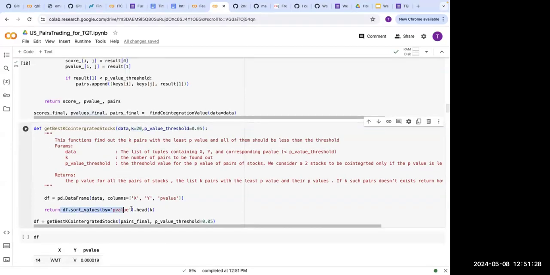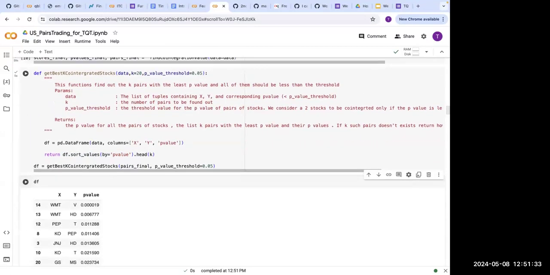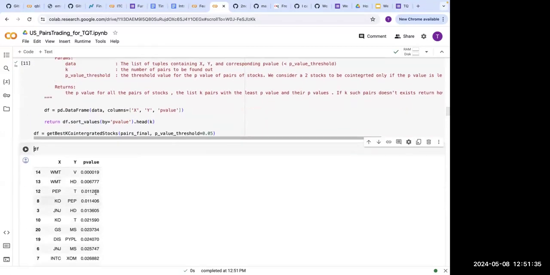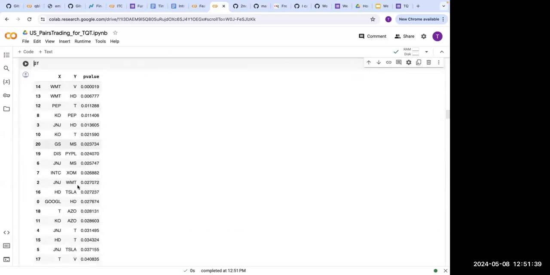We are sorting by the p-value and seeing if they are correlated. So here you can see stock pairs based on p-values. The smaller the p-value, the more correlated it is. The higher it goes, the less correlated.